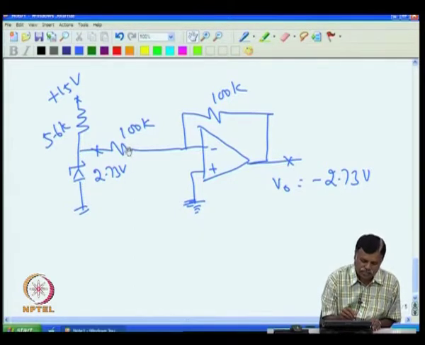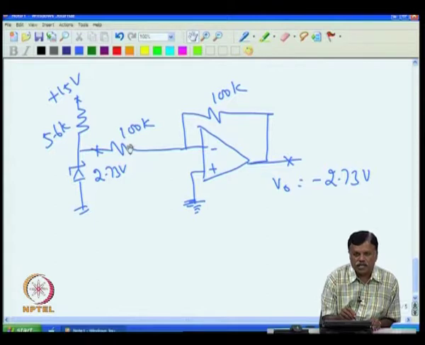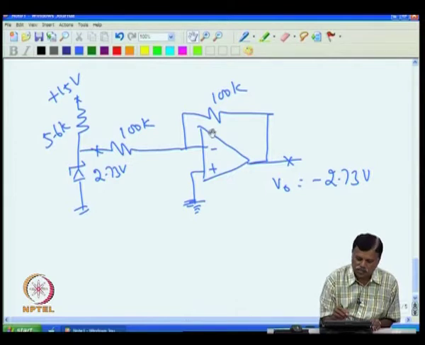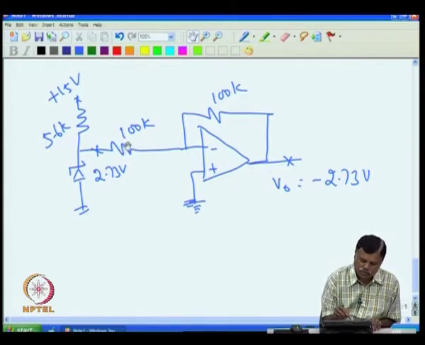That is why we have selected 100K here. Of course, we can go to very high values. If we go for high values here, we will have error associated with the operational amplifier, that we will see a little later. That is because of the bias current, you may get large error. That is why we do not want to put more than 100K. Larger value gives more problem, but smaller value also gives problem because most of the current will go through this and less current will go here.